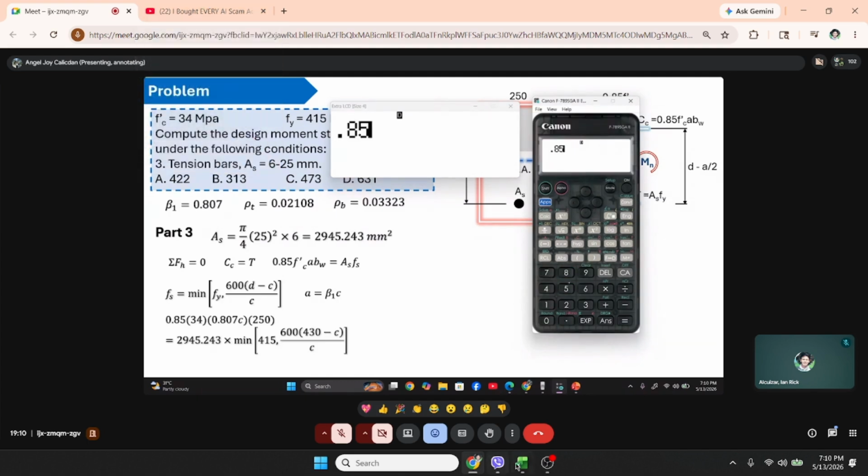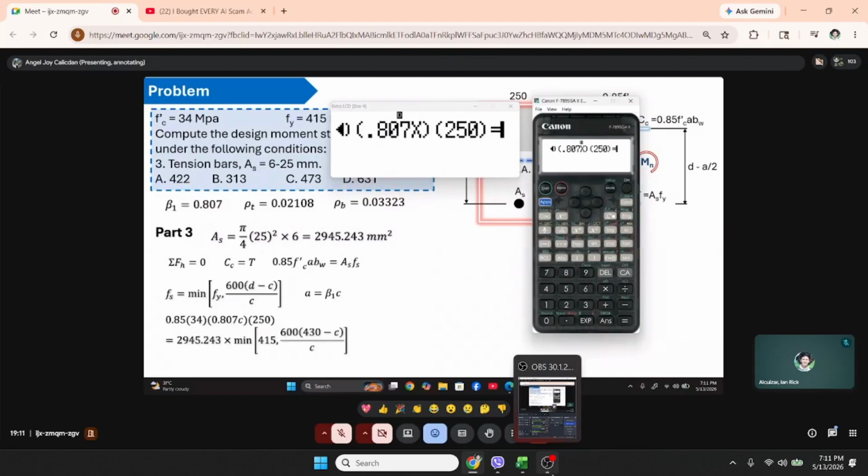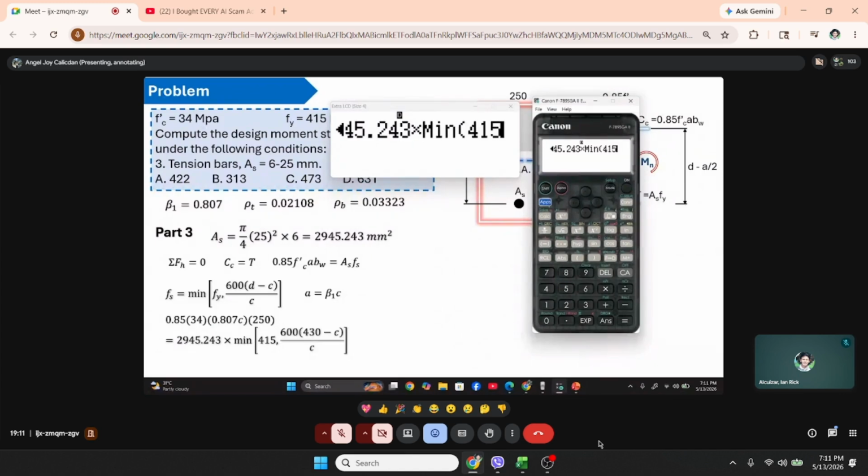So 0.85 times 34 times 0.807 alpha c times 250 equals 2945.243 times apps 4 minimum sa 415 comma 600 times 430 minus alpha x over alpha x.